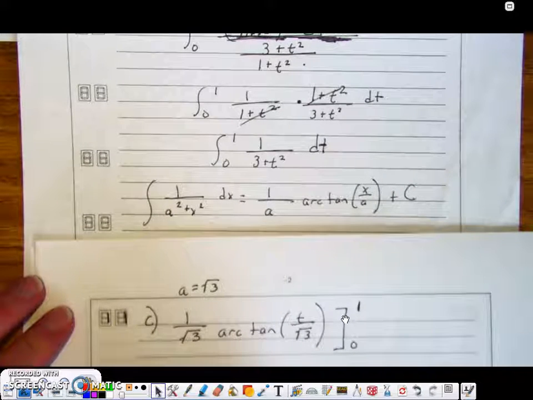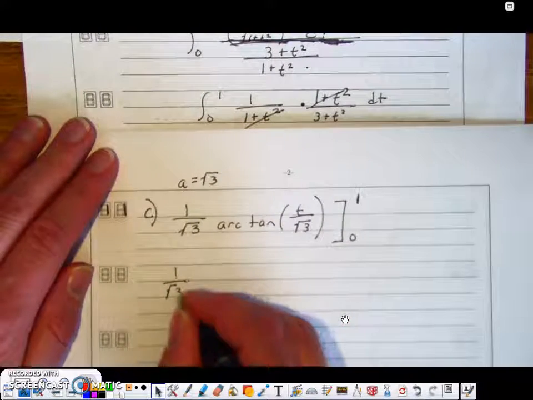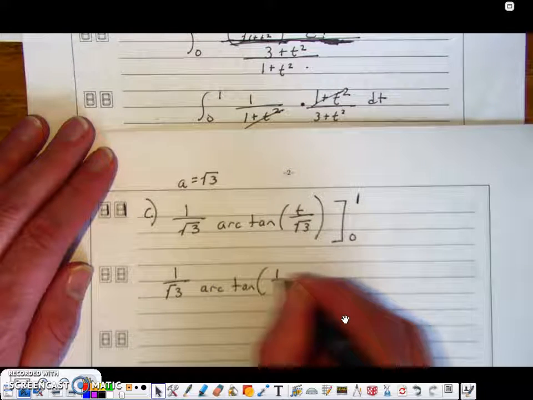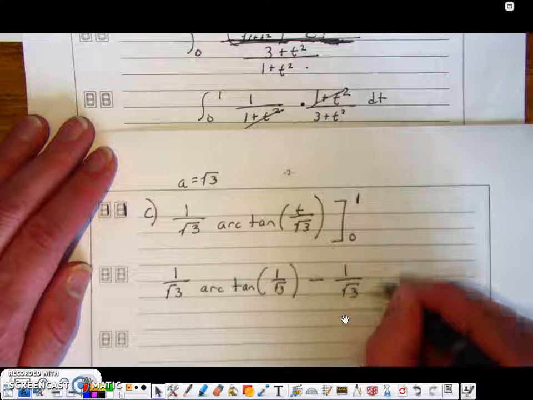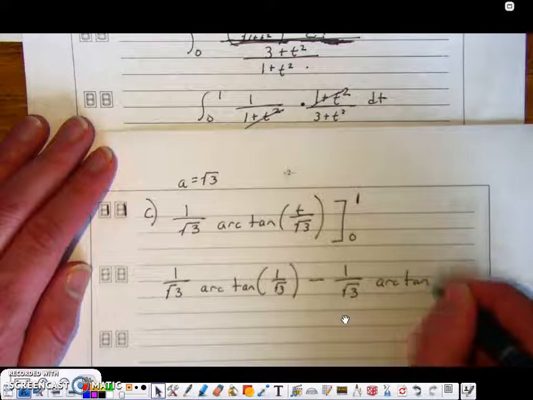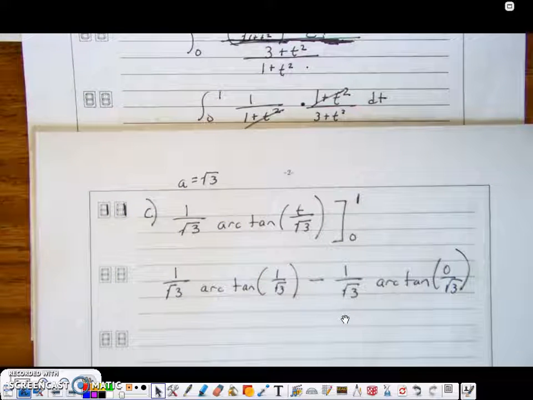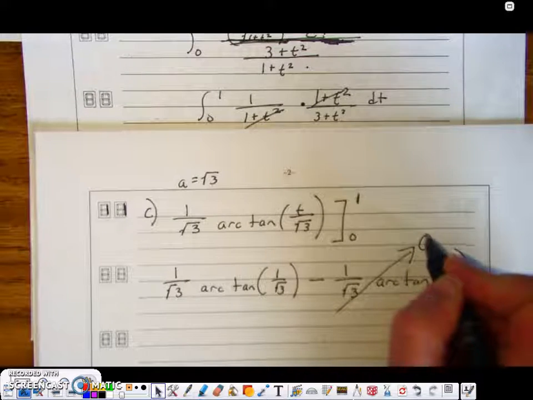So I'm going to have 1 over the square root of 3 arctan of 1 over the square root of 3 minus 1 over the square root of 3 arctan 0 over square root of 3. And the good news is the arctan of 0 is 0, so that one is gone.